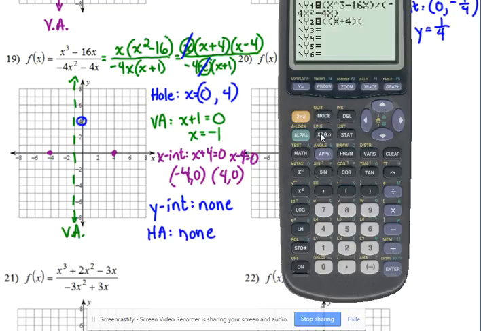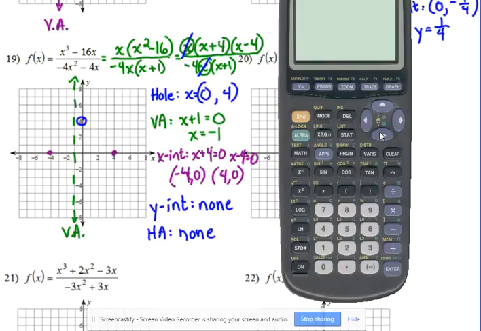Notice the little parentheses were already there, and I need parentheses around the whole thing. Divided by, I need parentheses around the whole thing in the bottom, negative 4 times (x plus 1). Parentheses are super important when it comes to these rational functions.